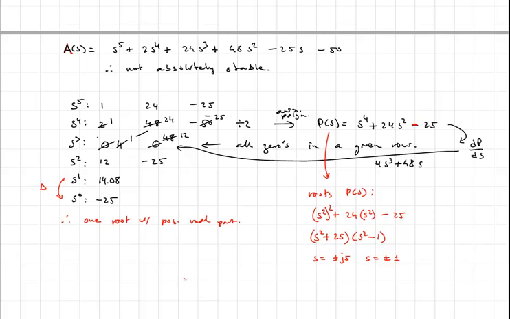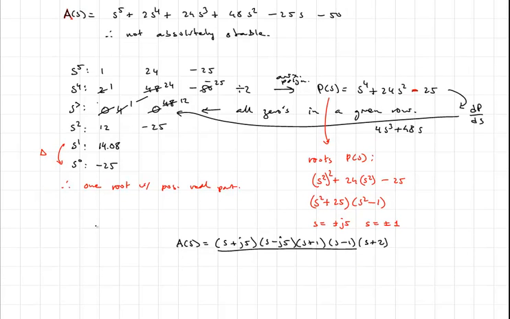So it can be shown here that the roots of A of s are s plus j5, s minus j5, s plus 1, s minus 1, and then finally the other one is s plus 2. So we found the first four just by looking at the roots of the auxiliary polynomial. On the s-plane, or on the complex plane, we would have plus and minus 1, plus and minus j5, and then minus 2.